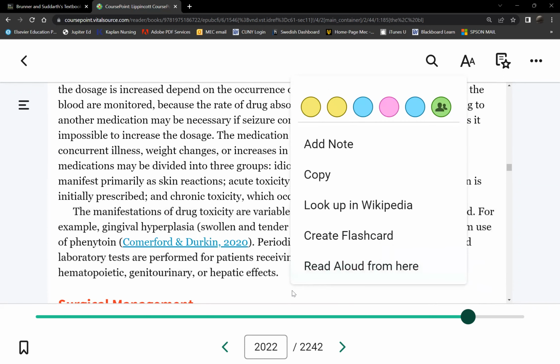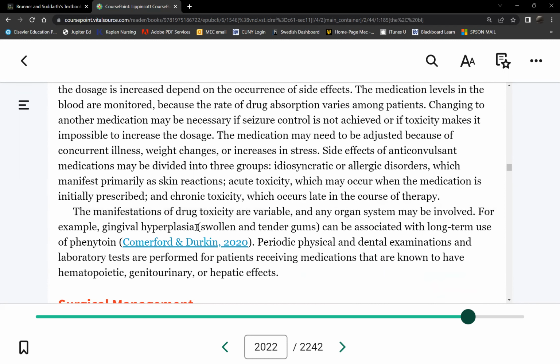Phenytoin is known to cause gingival hyperplasia, swollen and tender gums. So therefore, what's your responsibility when a patient is on phenytoin? Religious or, what's the adjective?